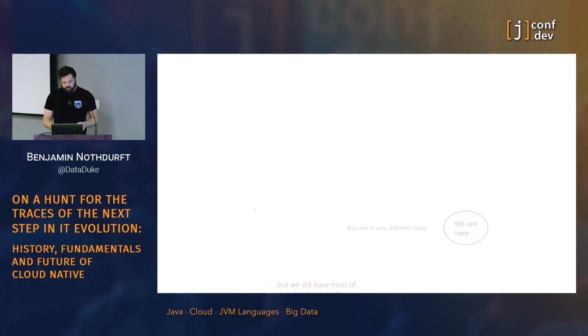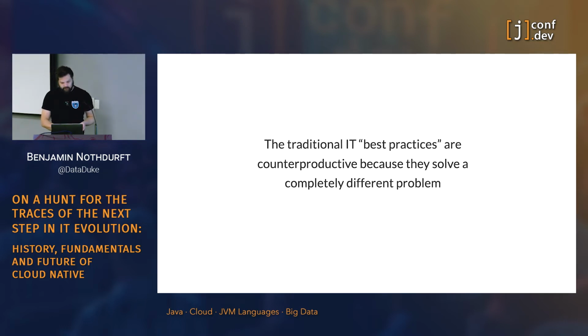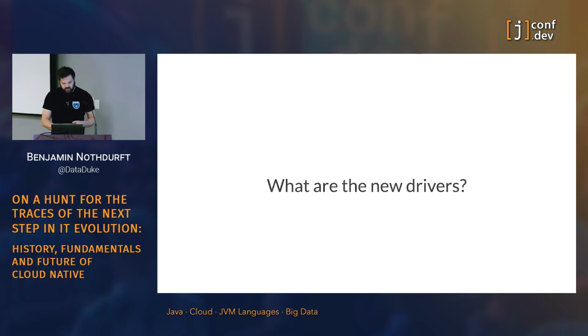So in the bathtub curve, we need to know that decisions maybe made on some programming languages and how they were designed, and maybe also TDD and all those things, were made a long time ago, when everything was quite complicated already, but not as complex as we are today. So some best practices from that era could be counterproductive for going into the cloud native world.